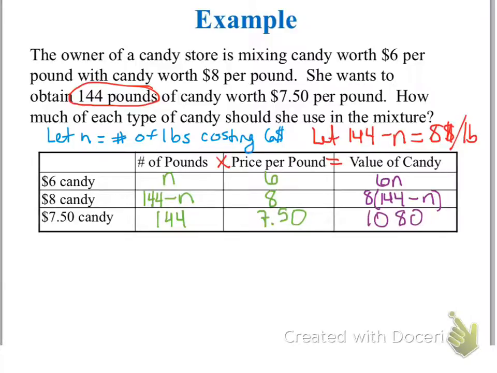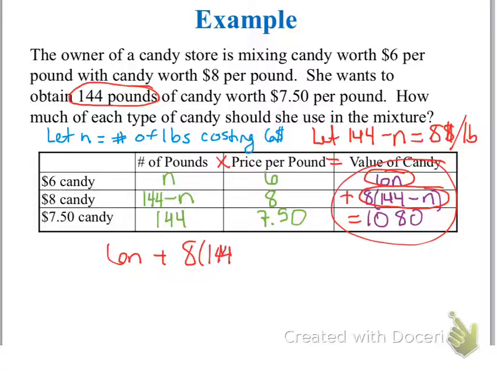Okay, so now we're going to take that last column, and if I add together the $6 candy and the $8 candy, I should get the total 1,080. So I'm doing 6n plus 8 times 144 minus n is equal to 1080. So now I'm going to do a little distribute.